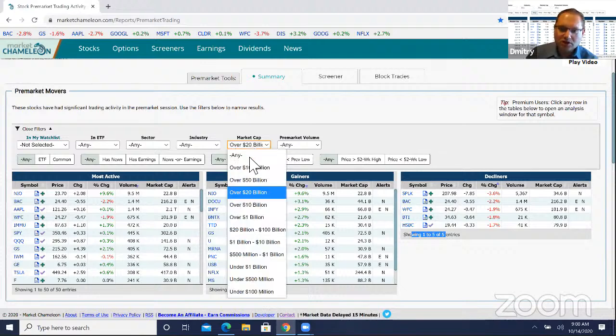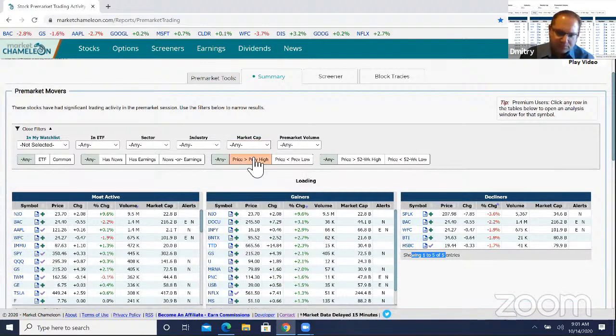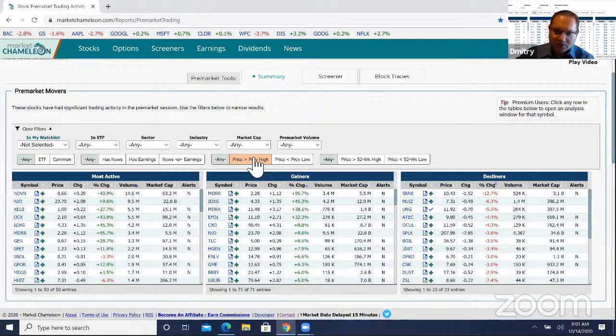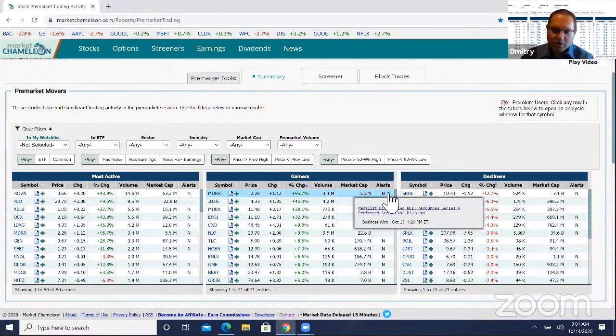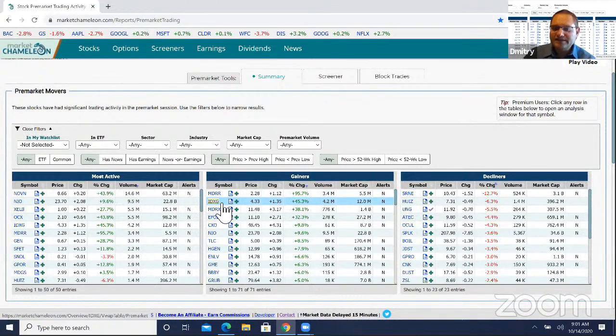Let me go to the unfiltered list really quickly and see what pops up on top. I see small market cap stock MDRR up 95% in the pre-market, with 3.4 million shares trading hands. That's a $5 million market cap stock, very low. Looks like they maybe have some news, but that doesn't really look like news, something about their preferred stock.